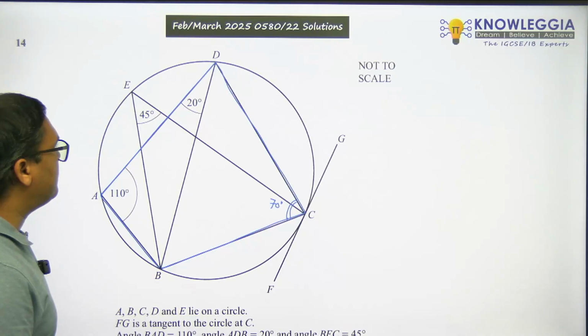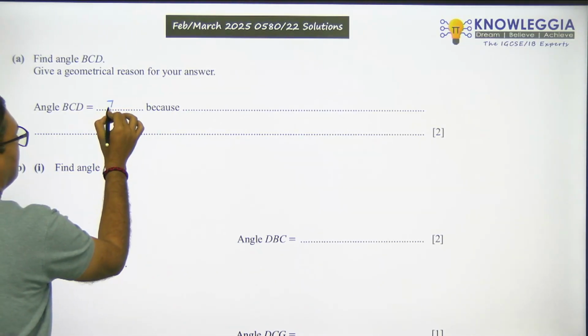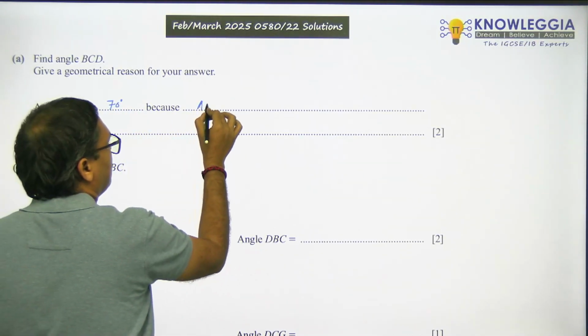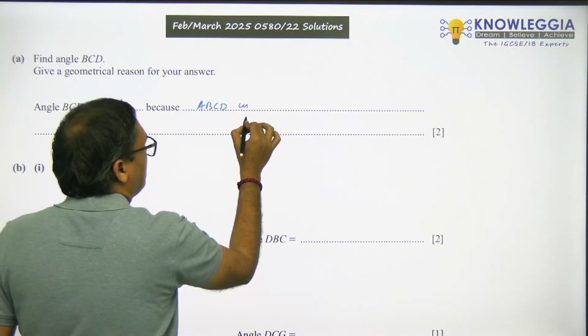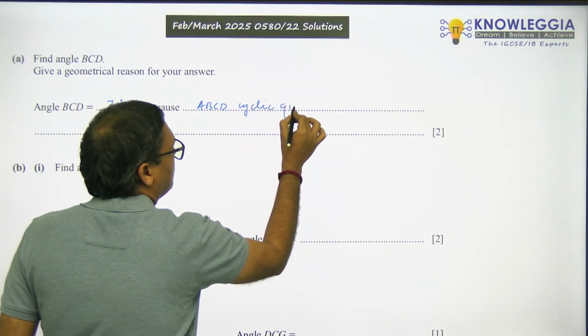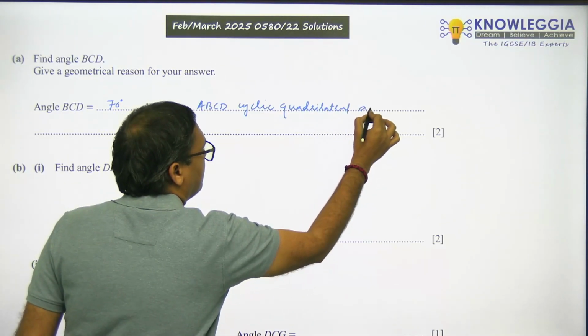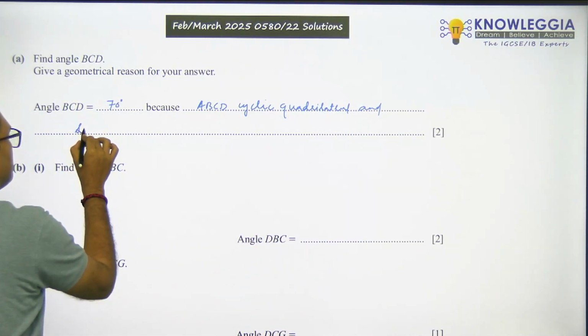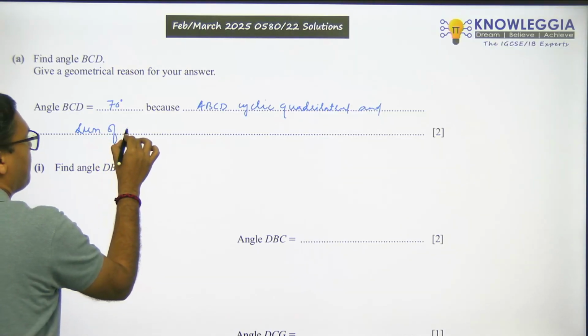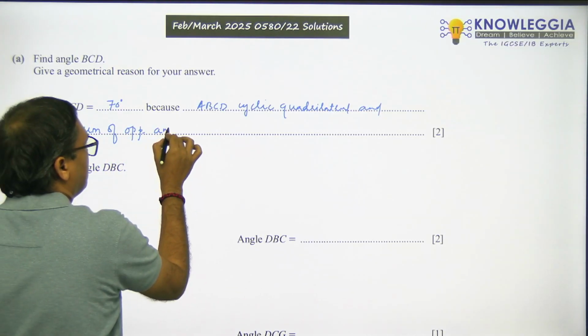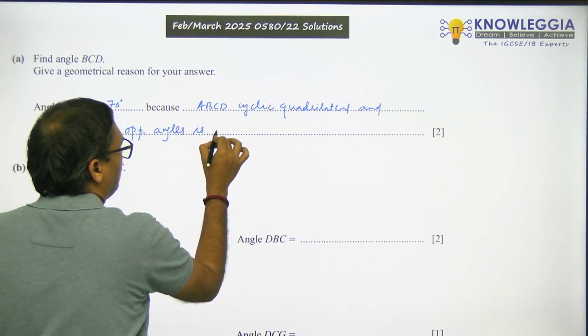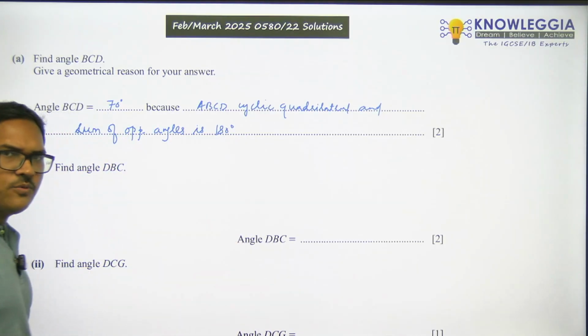So the first answer is 70 degree, because ABCD is a cyclic quadrilateral and the sum of opposite angles is 180 degree. Okay, I hope this is clear.